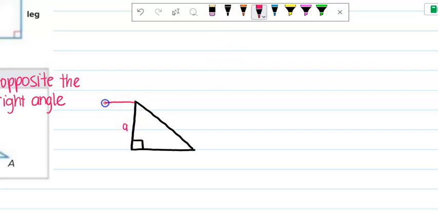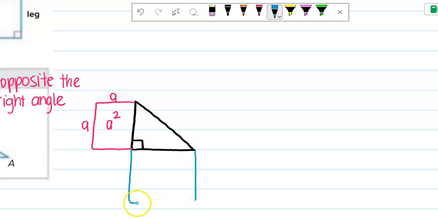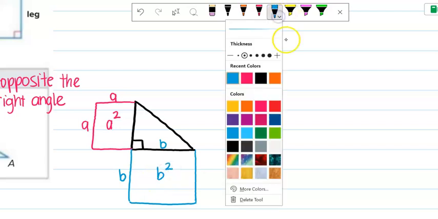If we constructed a square, I know this probably isn't going to be a nice square, and we found the area of this square, it would be A times A, or A squared. If we did the same thing down here, and we called this side B, the area of this square, because all the sides are the same, is B times B, B squared. And then you're probably seeing where I'm going with this.